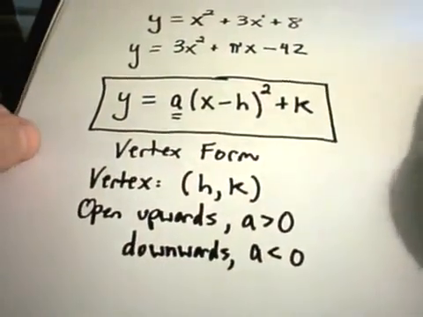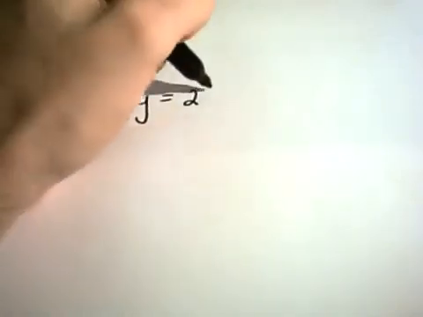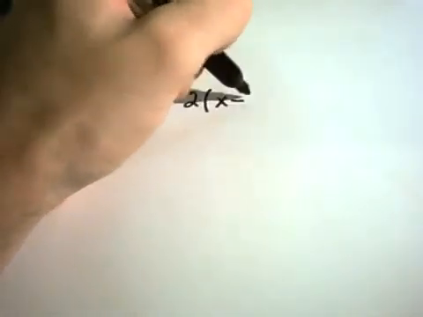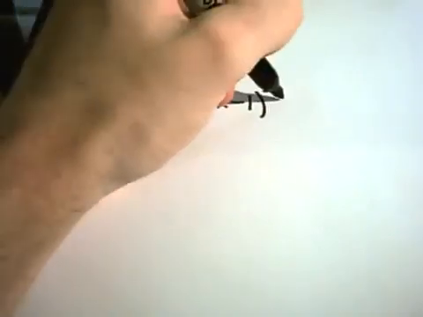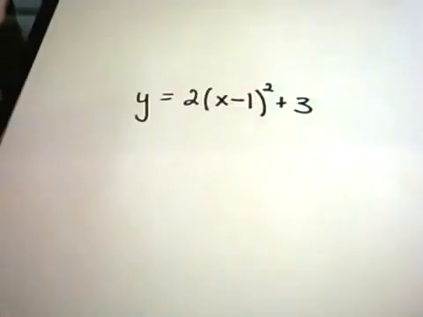So for example, suppose we have the following quadratic equation already in vertex form, and we'll just graph it real quick. Suppose it looks like y equals 2 times x minus 1 quantity squared plus, how about 3?